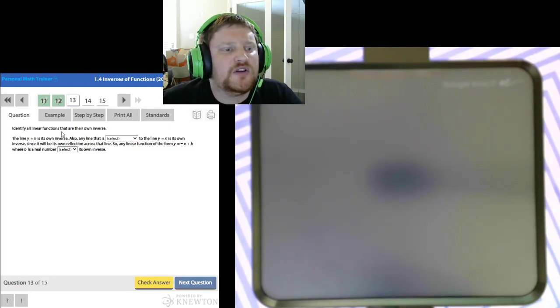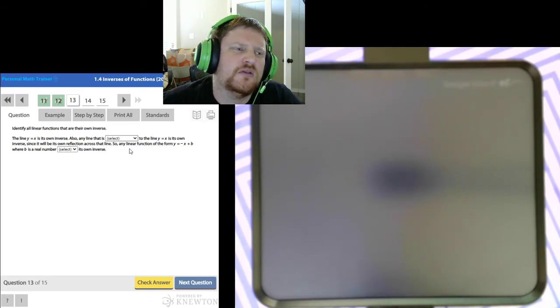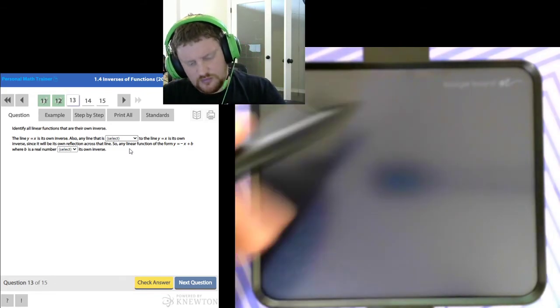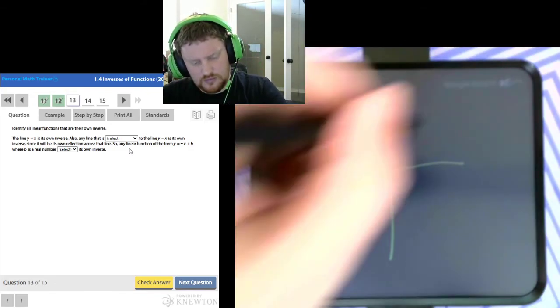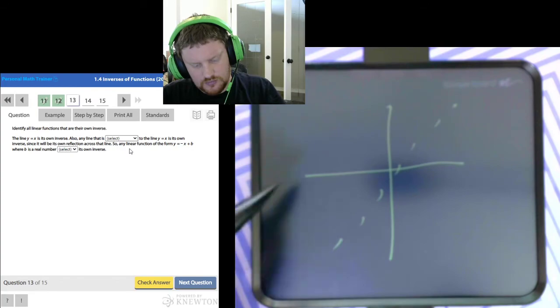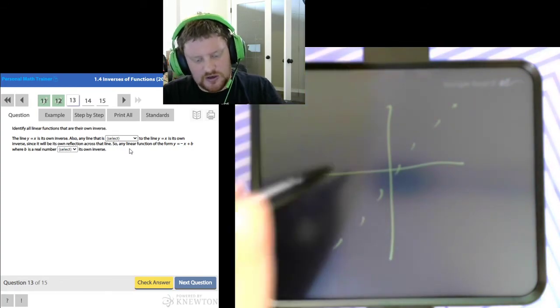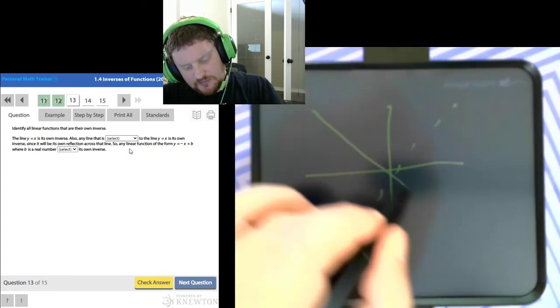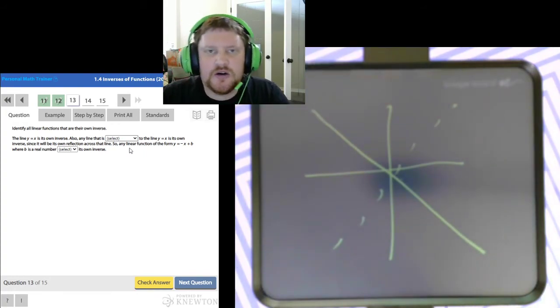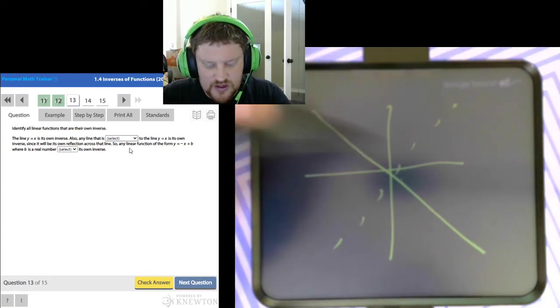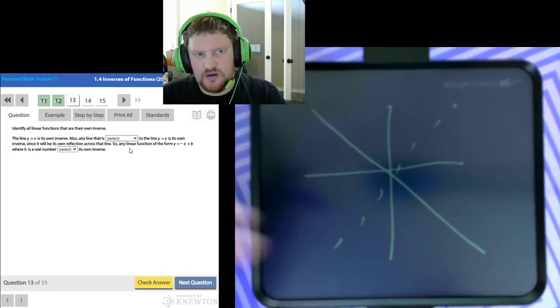Identify all linear functions that are their own inverse. The line y equals x is its own inverse. Also, any line that is perpendicular to this line, then when we flip over it, it doesn't change.